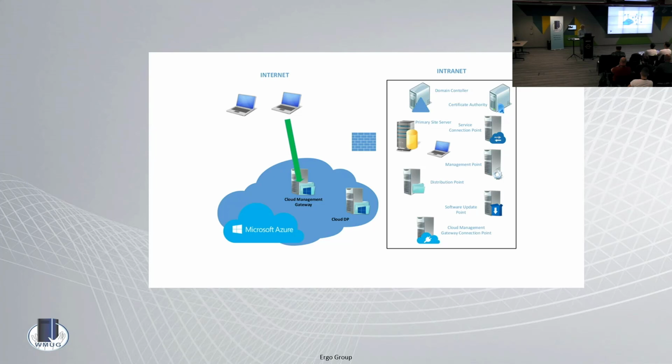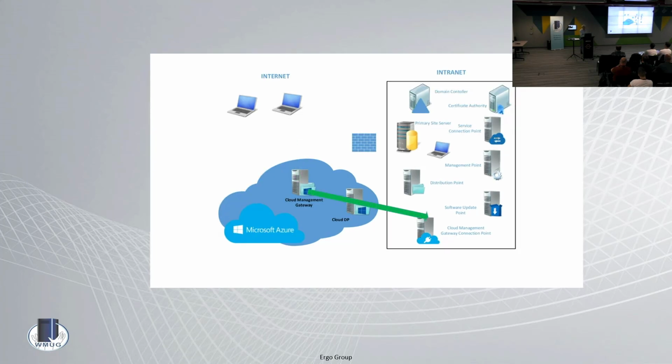It realizes it's on the internet and knows the URL to find the CMG service in Azure. So it forwards a request looking for policy using HTTPS. The CMG then authenticates the client request using either Azure AD or the PKI certificate, and forwards it to the on-prem cloud management gateway connection point. It's a persistent connection, and you don't need to open any inbound firewall ports.